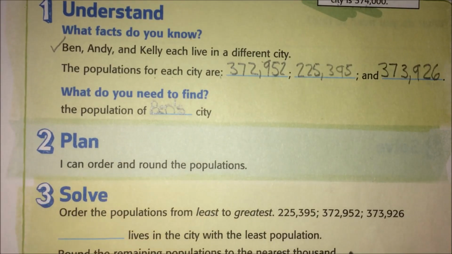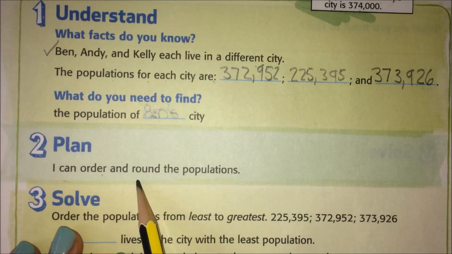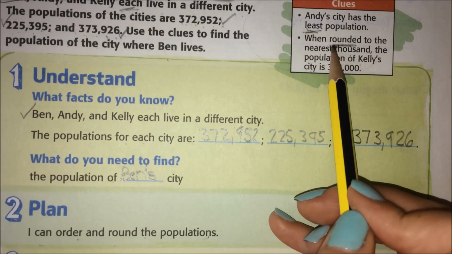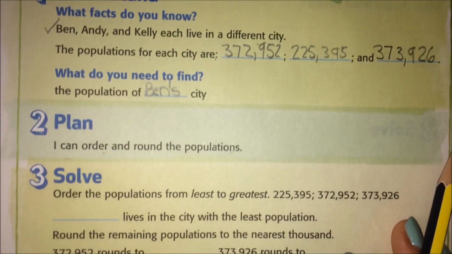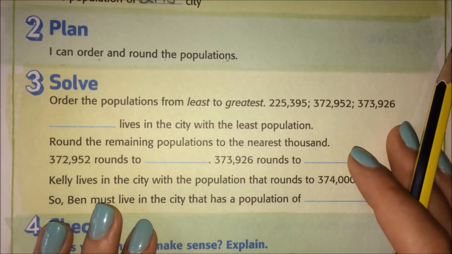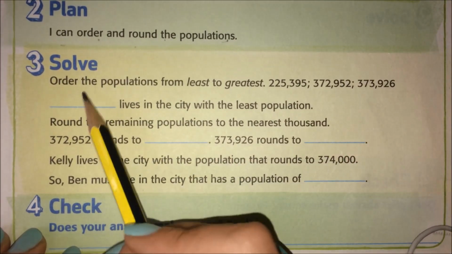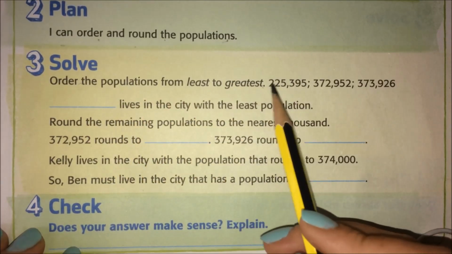Okay, plan. This is where you decide how you're going to solve the problem. I can order and round the populations. So again, ordering and rounding. That's our plan. That's how we're going to solve this. Okay, now this is the good part, the actually doing the math, the solving. So order the populations from least to greatest.